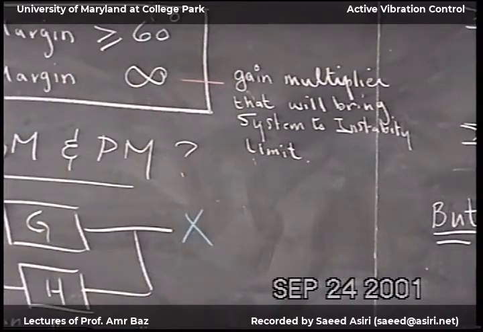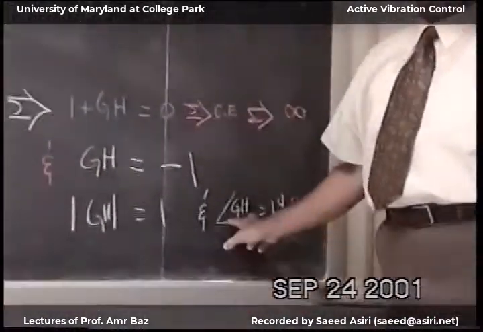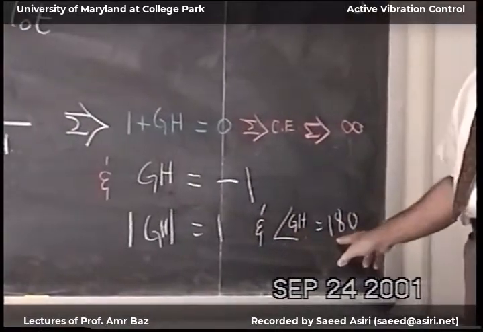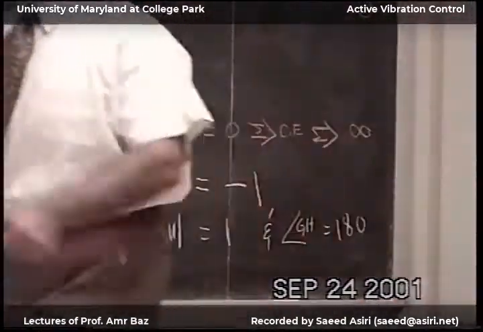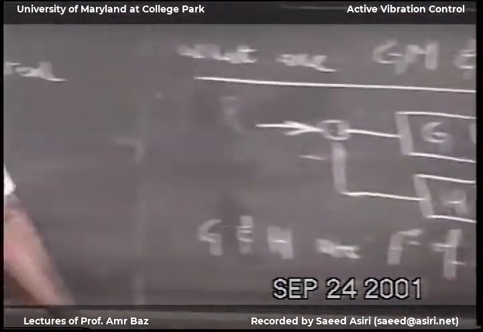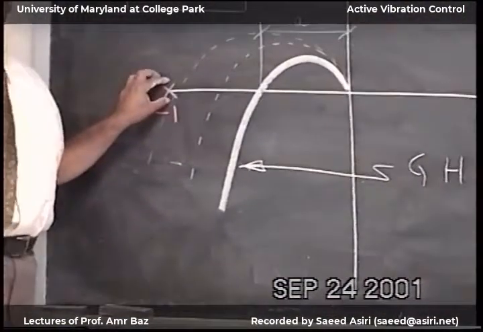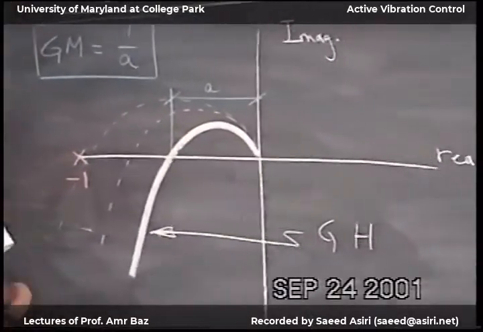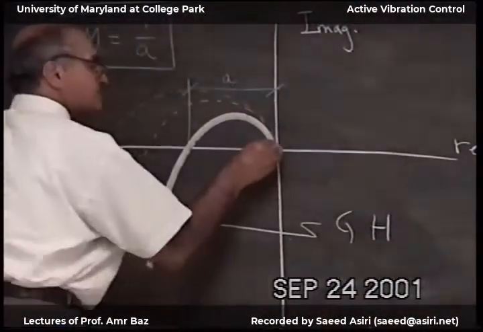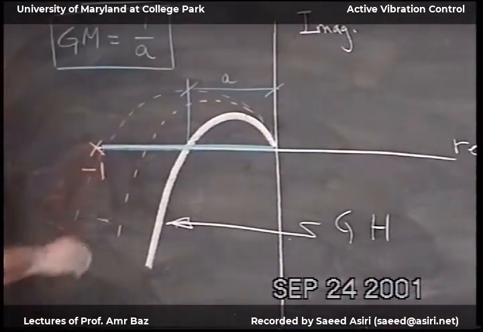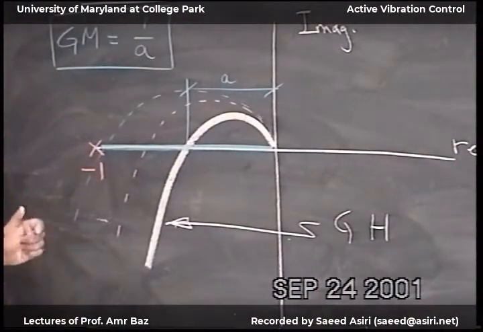Now also, if you look here, the phase angle of the GH will be 180 degrees if I hit the infinite deflection limit. So this is the phase angle when I come very close to the limit of instability.